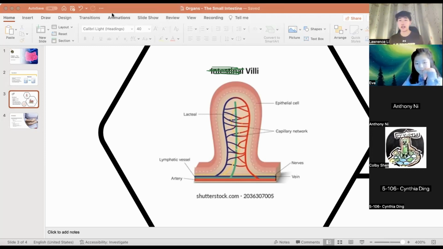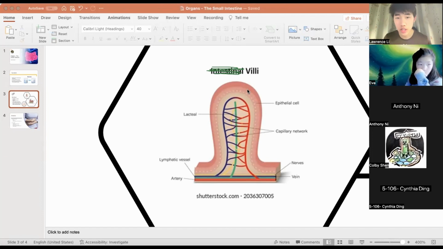Anyways, let's talk about the structure of each villus. Villi are covered in epithelial cells. Also, if you didn't know, villi also have microvilli to increase the surface area even more, which just goes to show you need a lot of surface area.